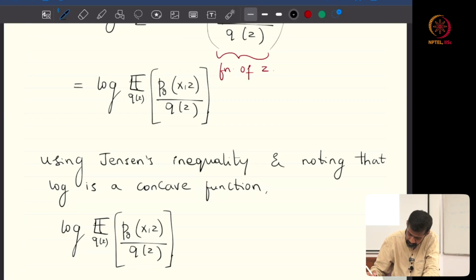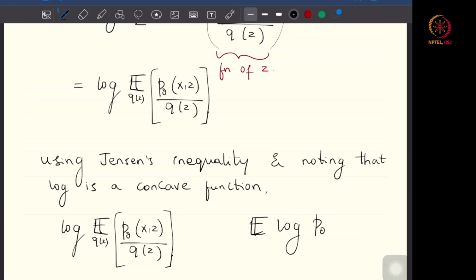So we have the expectation of log of p theta x and z over q(z).